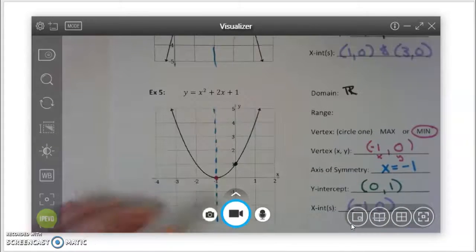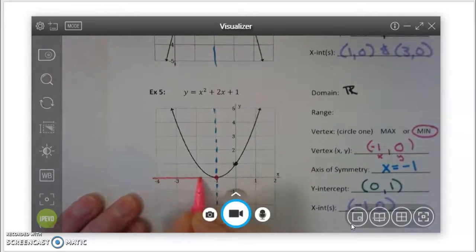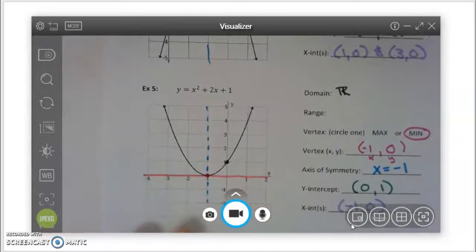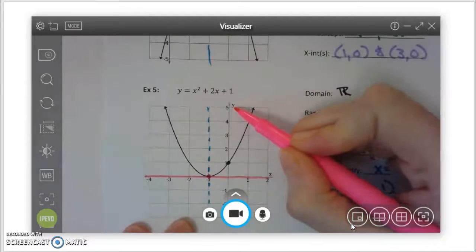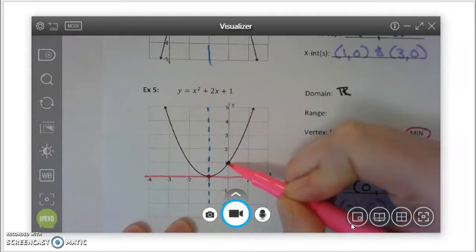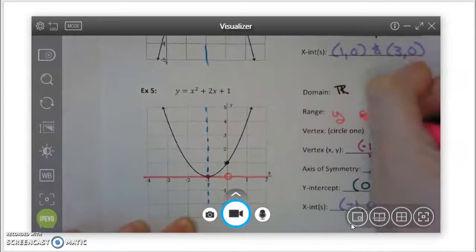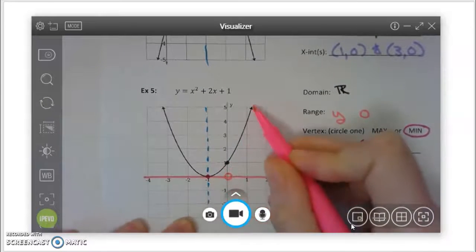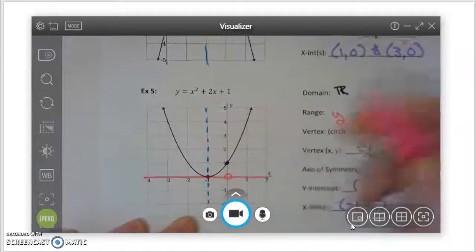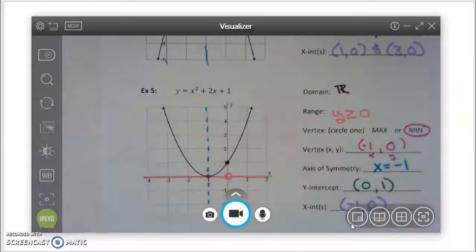And this last one. If I draw my horizontal line right here, what you're actually looking for is the y value. So if this is 2, this is 1, then right here it is 0. So I'm comparing y to 0. My arrows are pointing up, which means my y values are increasing, so it is greater than or equal to.